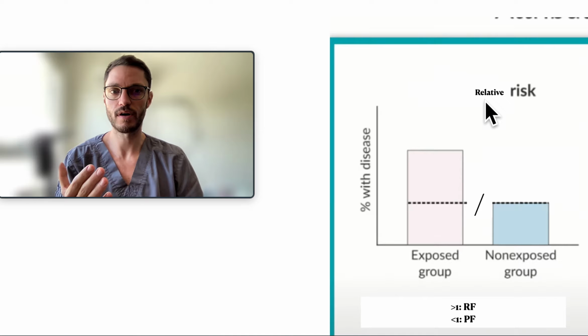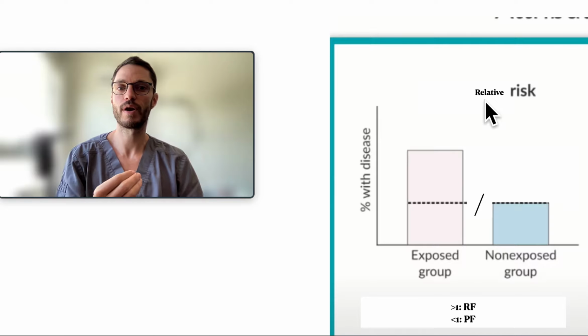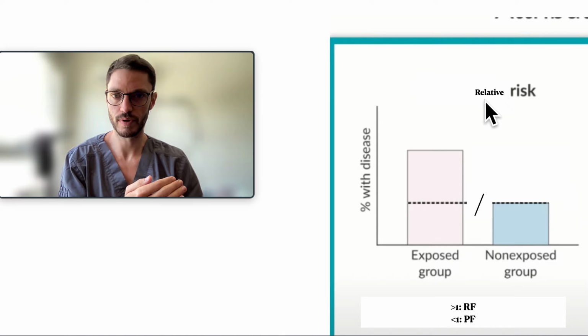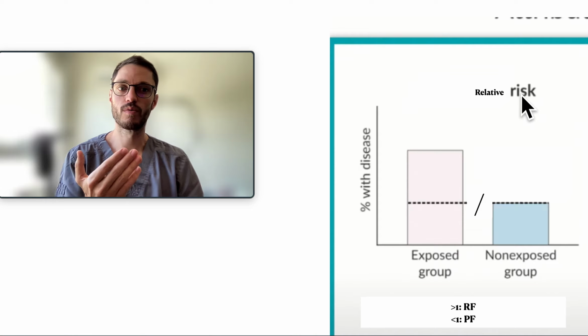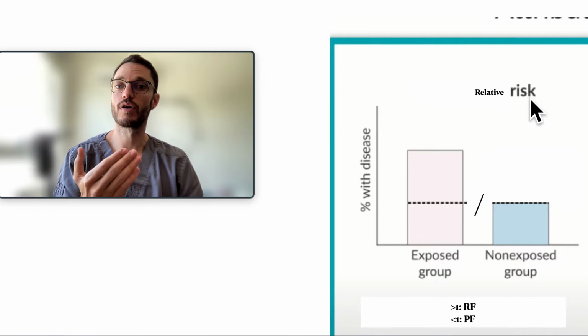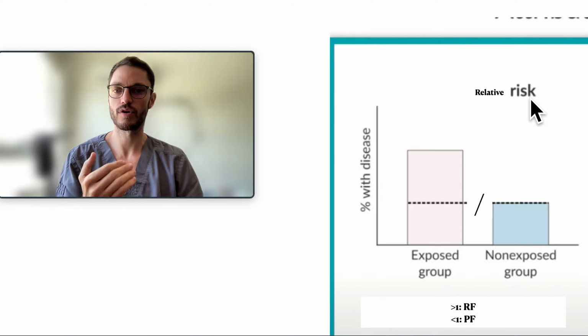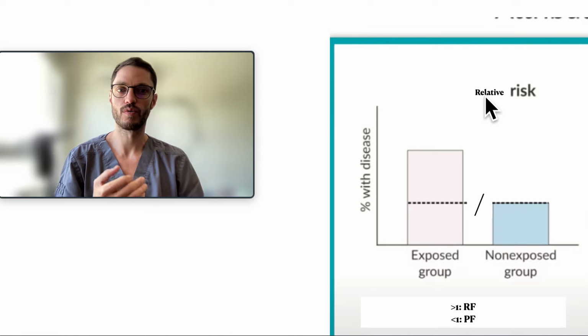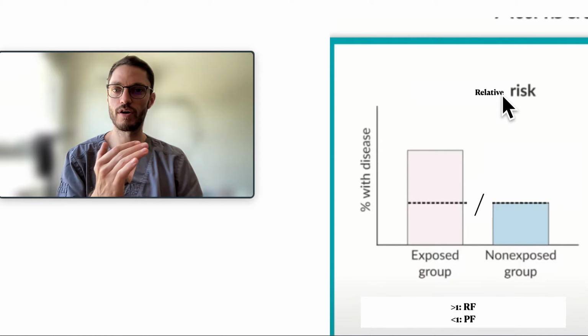What are we comparing in the different studies we do in clinical medicine? We're comparing an exposed group to an unexposed group. And if we're searching for risk, we're thinking that the exposure might be a risk factor, or might increase risk for an outcome. So relative risk is comparing the two.